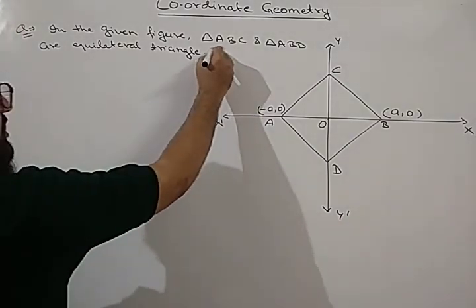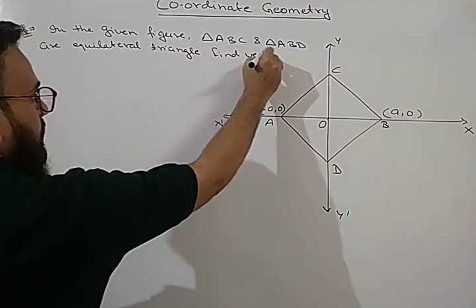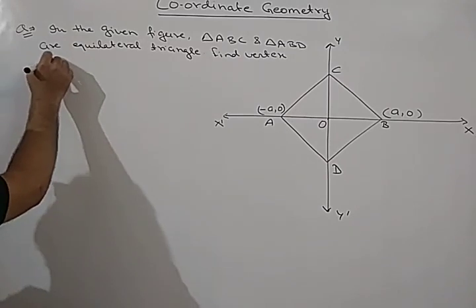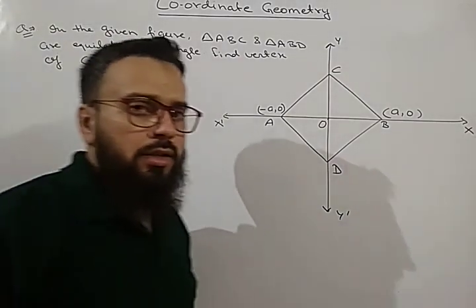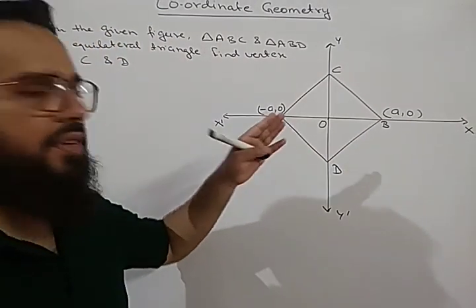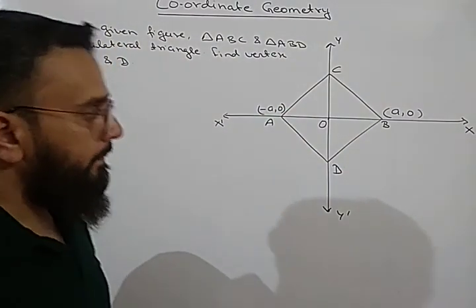Find the vertices of C and D. Okay. So the same question which we have done earlier, but let us solve this again.